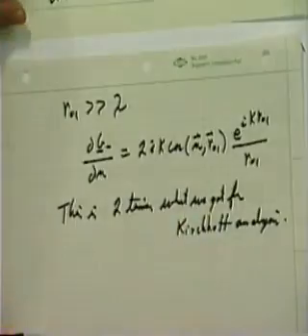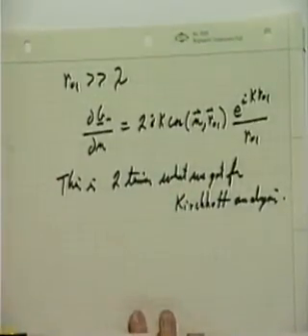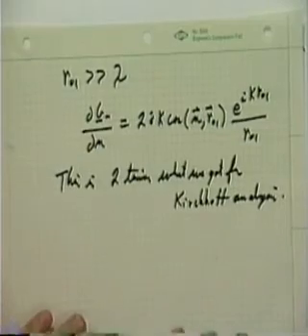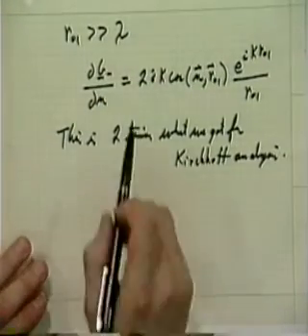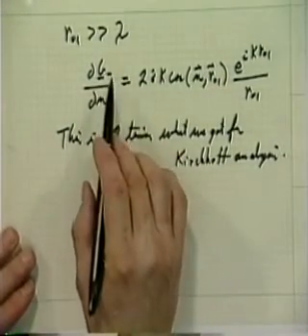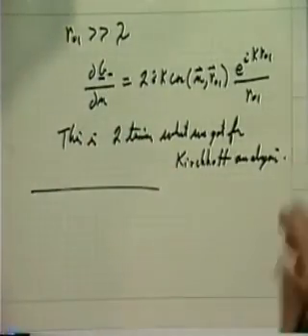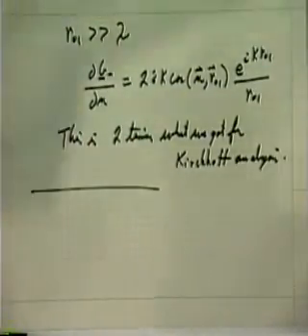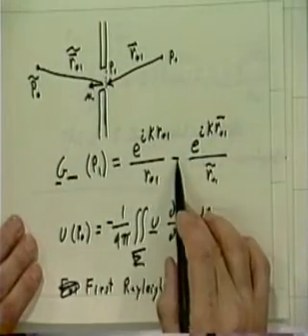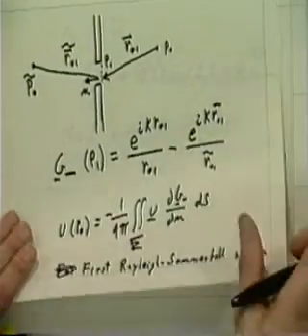So I'll leave this for just a second, and then we'll come back to it. If we go to, instead of having these 2 spherical waves out of phase by 180 degrees, let's put them in phase.